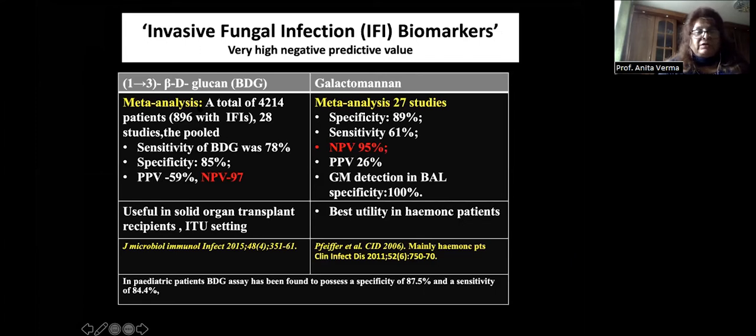However, for diagnosis, the sensitivity is low. Beta-D-glucan has been shown in various studies and literature to be a useful marker for diagnosis in solid organ transplant recipients and the ITU setting. On the other hand, galactomannan is very useful in hem-onc patients, who have a very high incidence of invasive aspergillosis.